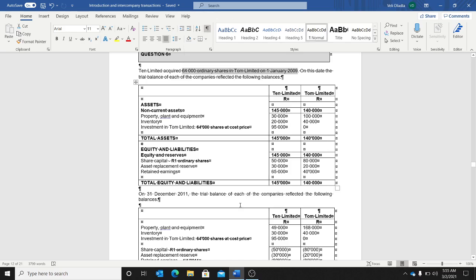Right. But now, do you see here? It says 31 December. Now, you are after, it's what we call post-acquisition of the company. Right. Post-acquisition of the company. So, I will explain this one to you in the next video because I want to ensure that you understand this one as is. Okay.